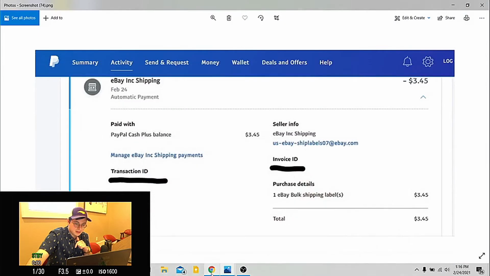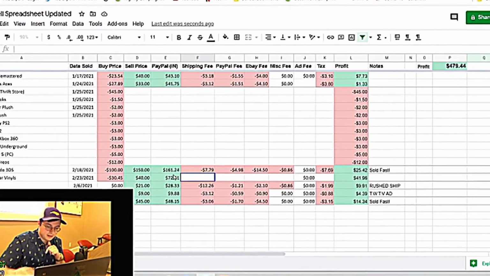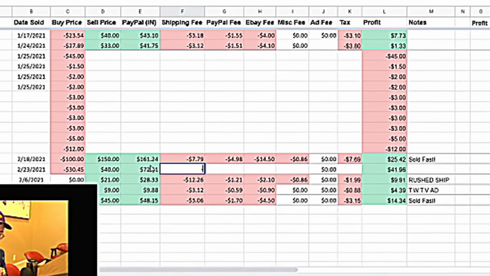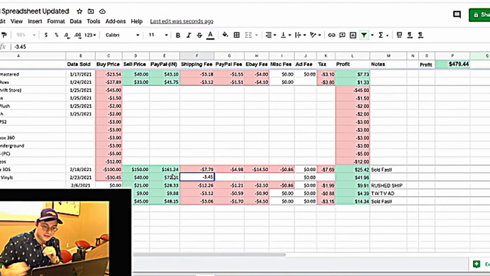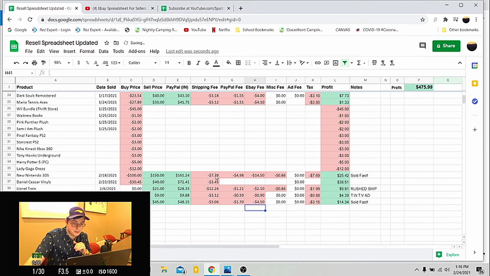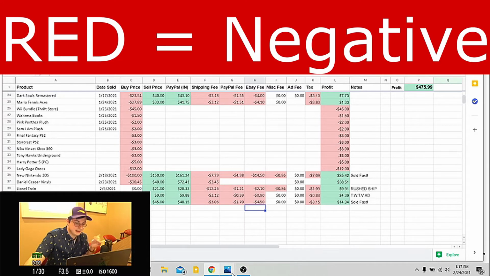So again, we'll type in here that was $3.45. And I'm starting here with a negative symbol because that's actually coming out of the grand total that I got in through PayPal. So that was negative $3.45. And you can see once you punch that in, it highlights it in red to show that it is a negative.